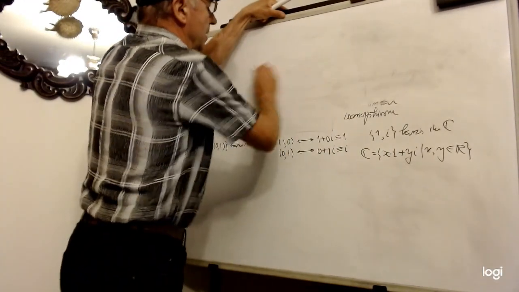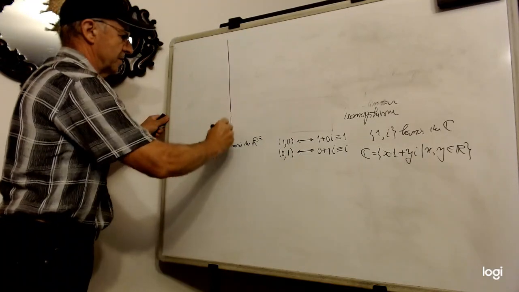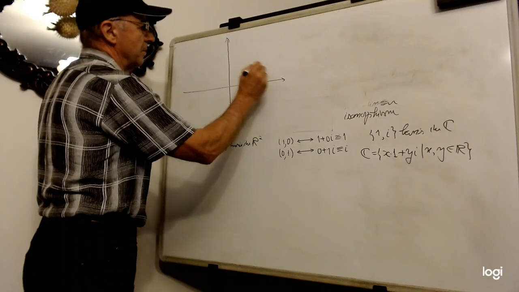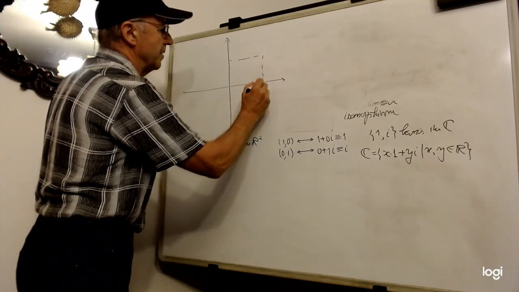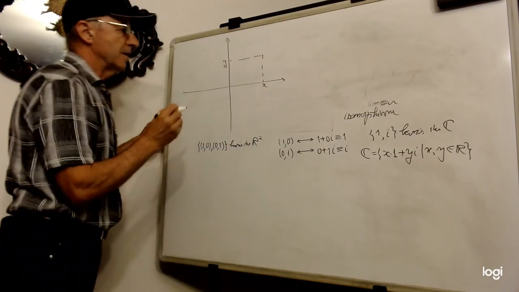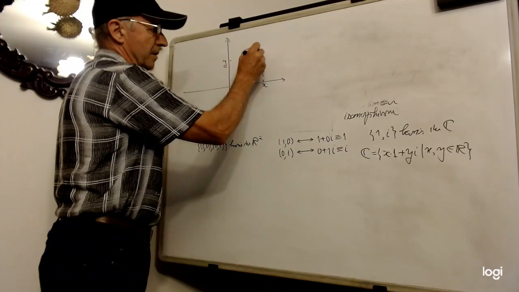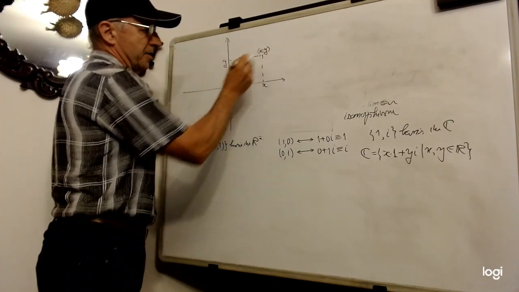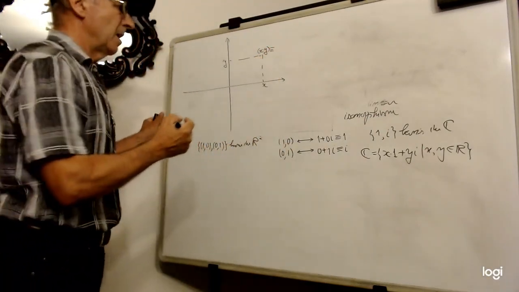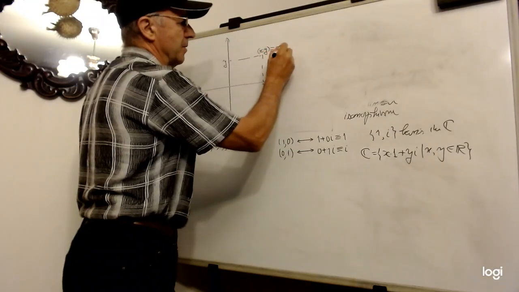So we consider here the system of axes, and if here is x, y, this point corresponds at the same time to the vector of components x, y, which we identify, by using the presented isomorphism, to the complex number x plus y i.